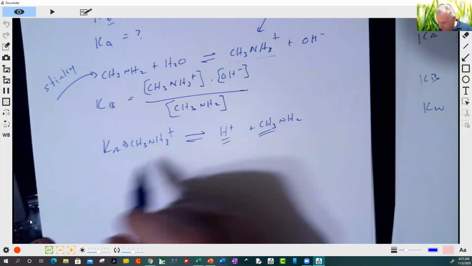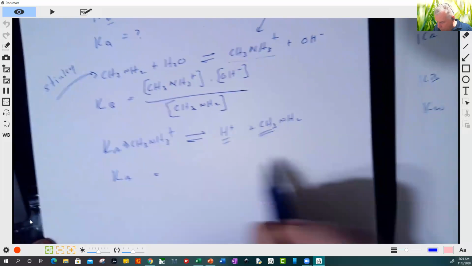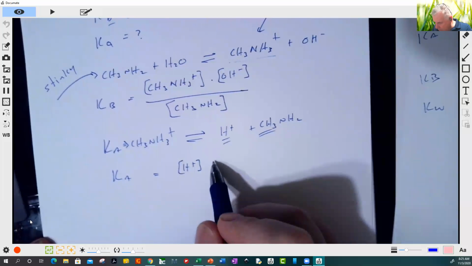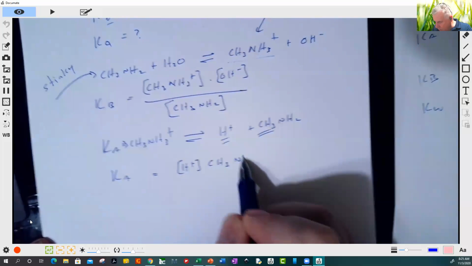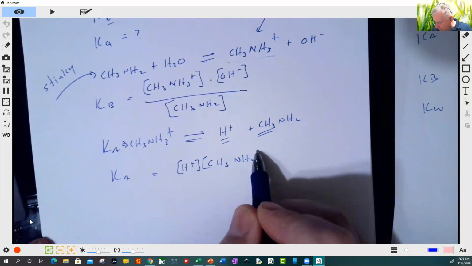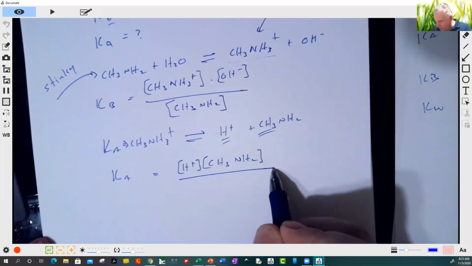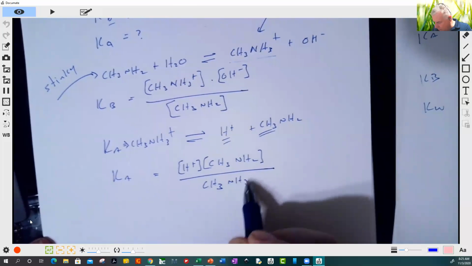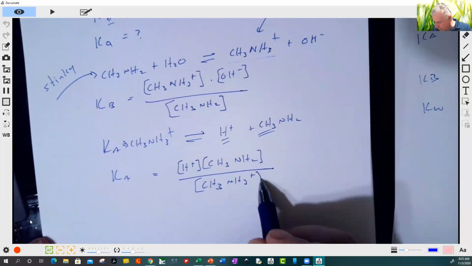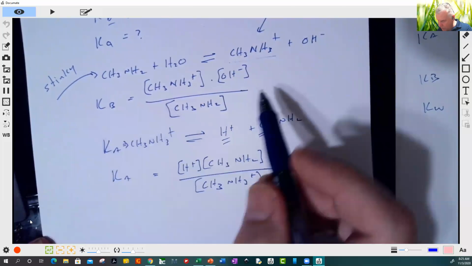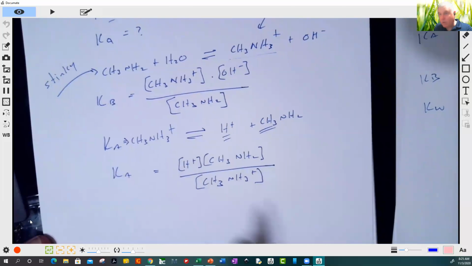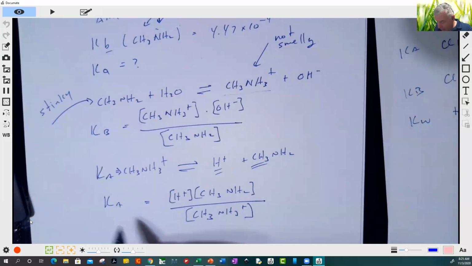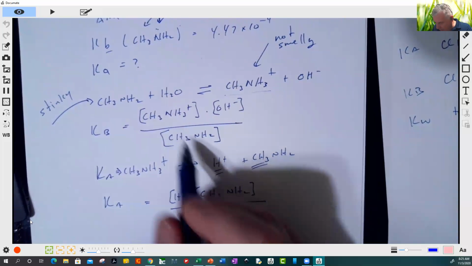And Ka is equal numerically to H plus times CH3NH2 over CH3NH3 plus. Okay, so the question is, what's Ka here, right? Ka is this times Kb, right?